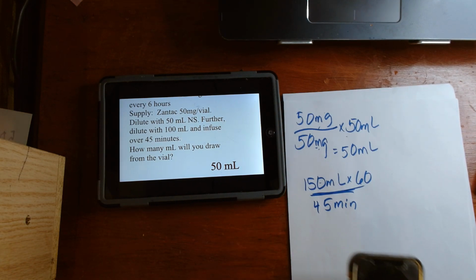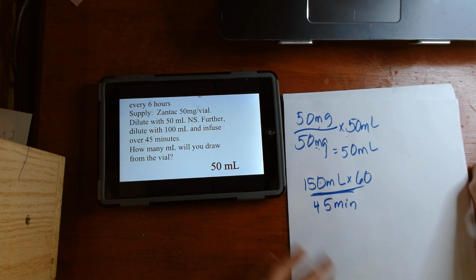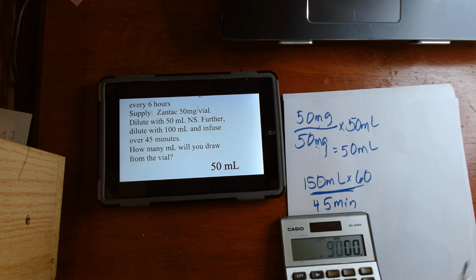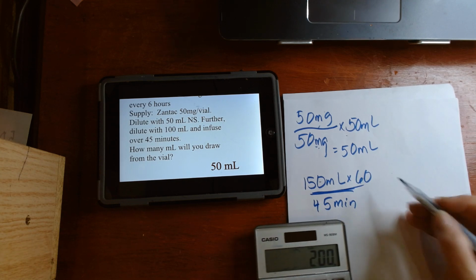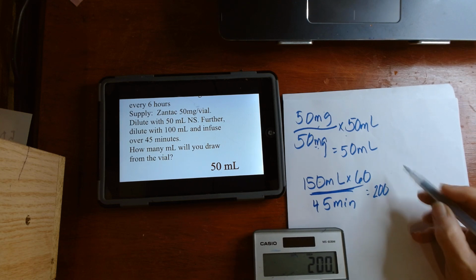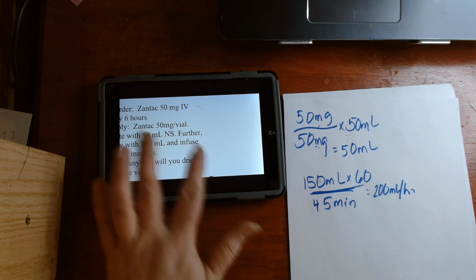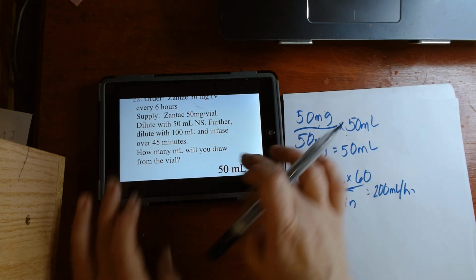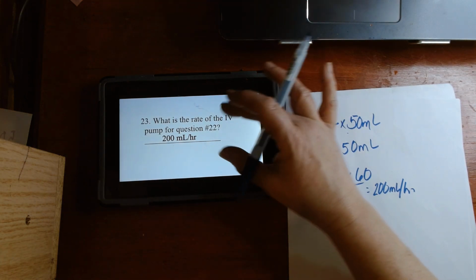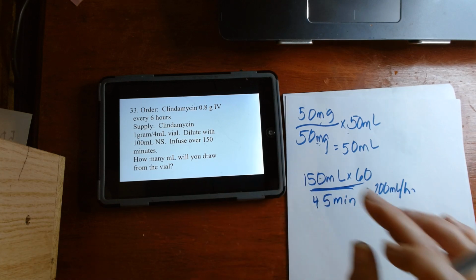So we're going to do this times that divided by that. 150 times 60 equals, divided by 45, and that'd be rolling at 200 milliliters per hour. Here we go again. Look, boom. Saved another one.